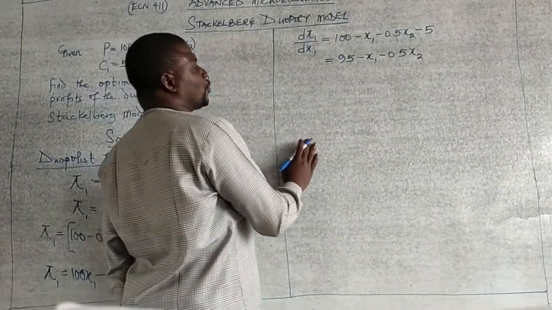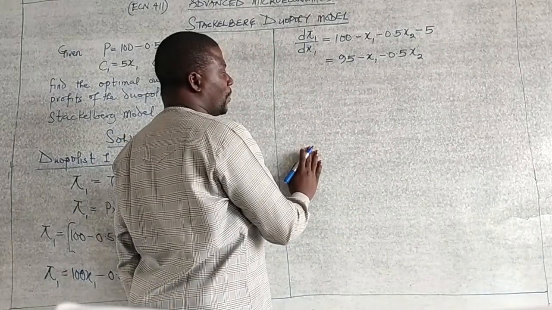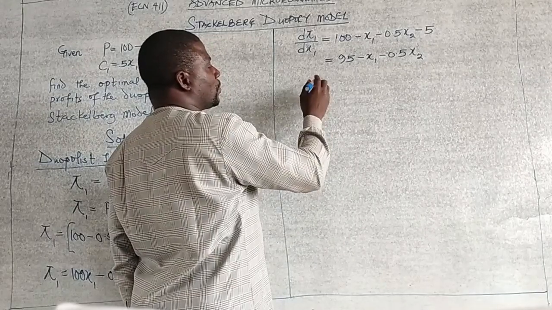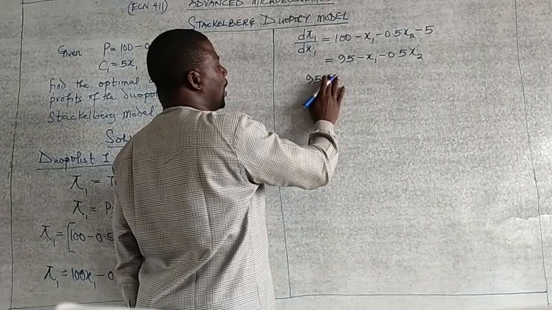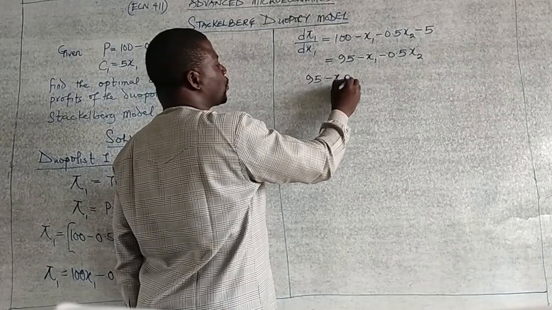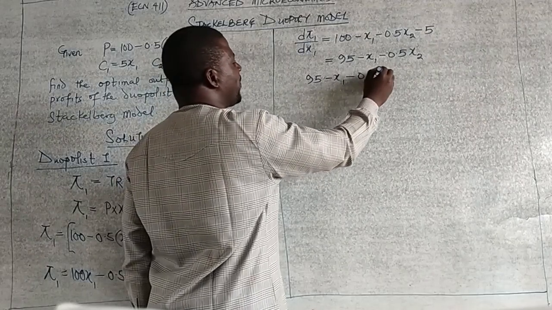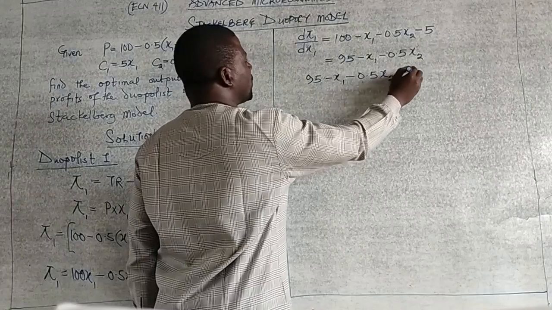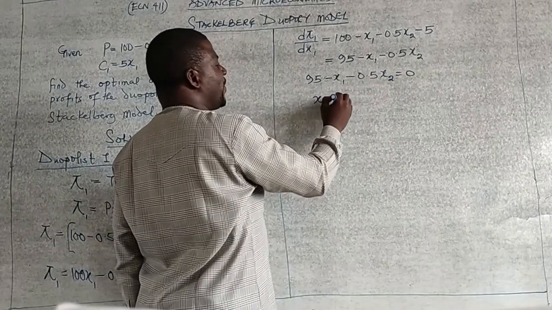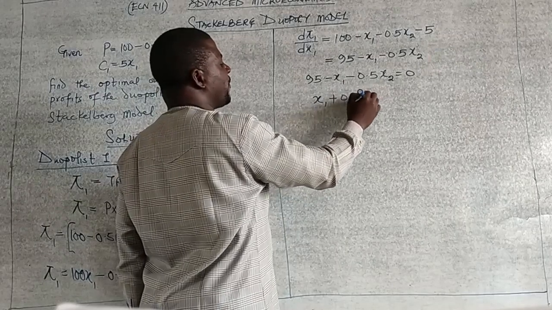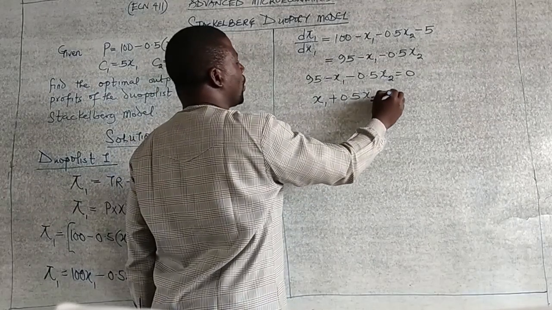Now if you equate this to 0, 95 minus x1 minus 0.5 x2 equals 0. If I bring these two to this side, eventually I will have x1 plus 0.5 x2 equals 95.